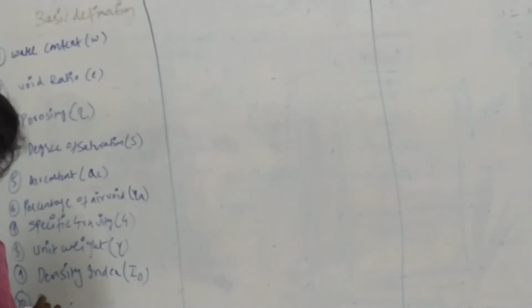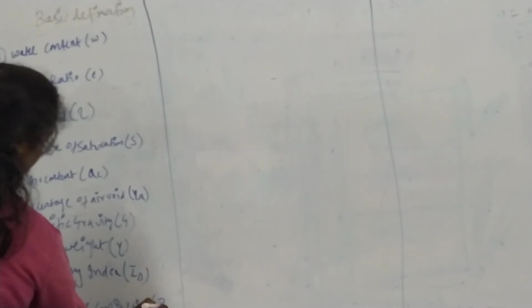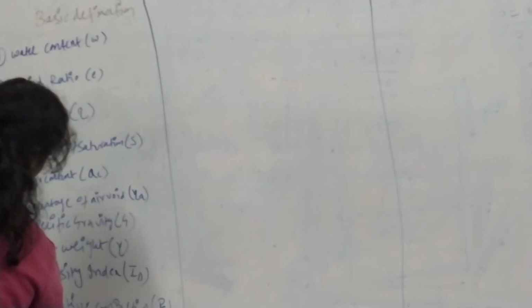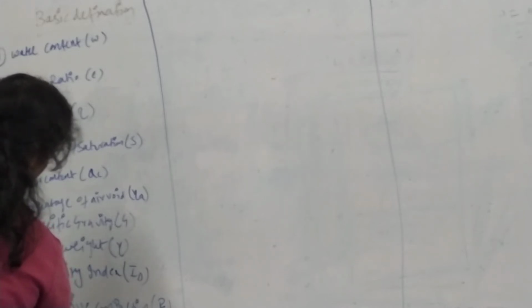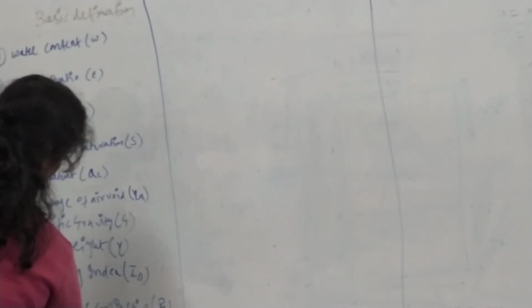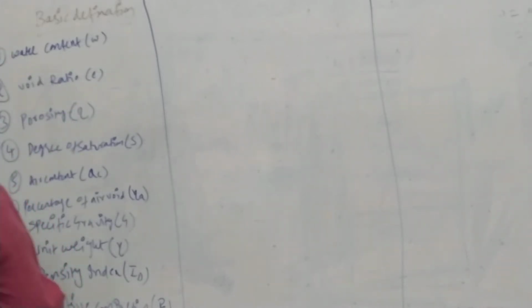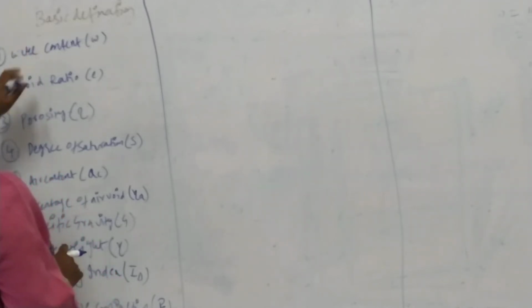Tenth one, relative compaction, that is RC. 11th one, swell factor. Right, we will go one by one.